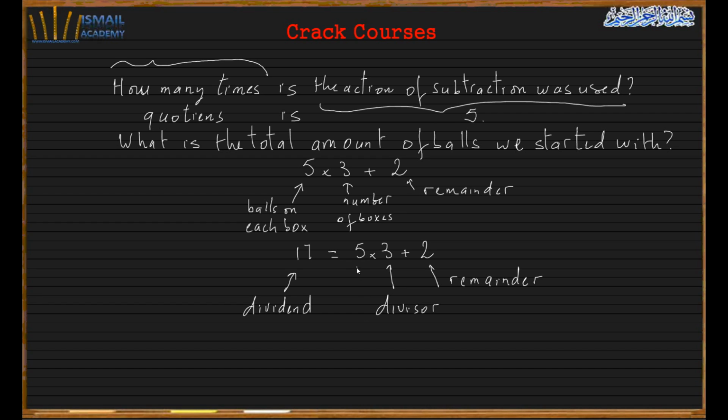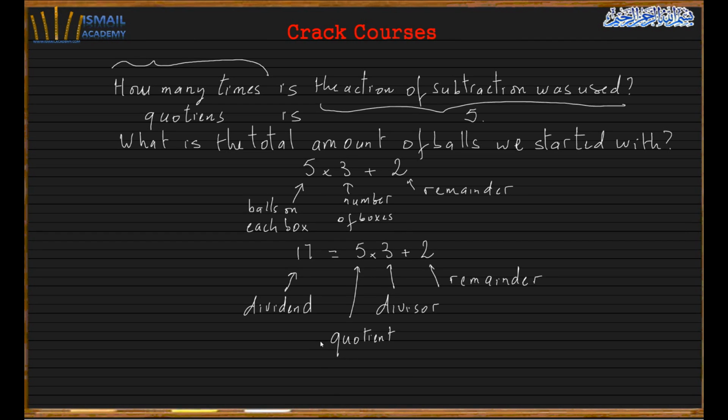So this is why we call that one quotient. So the number of subtractions we use is the quotient, and this is the representation of division. And the name we give to this representation is Euclidean division.